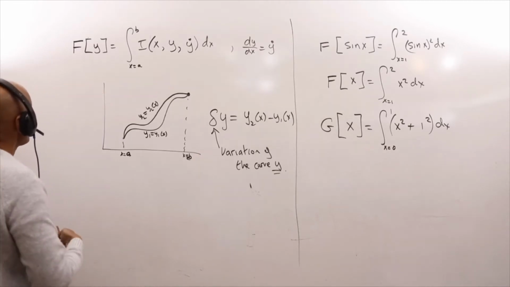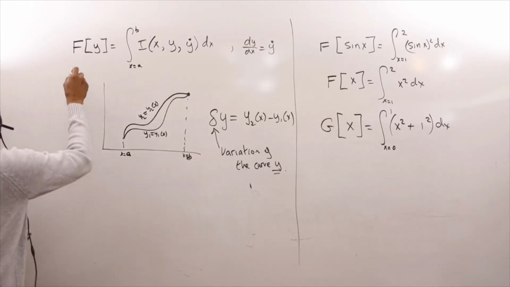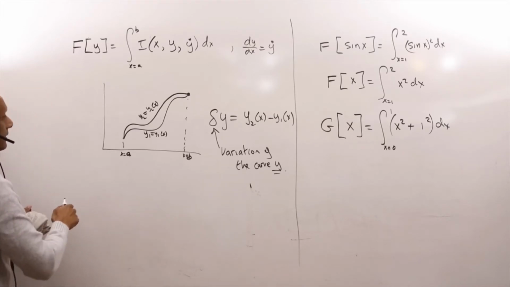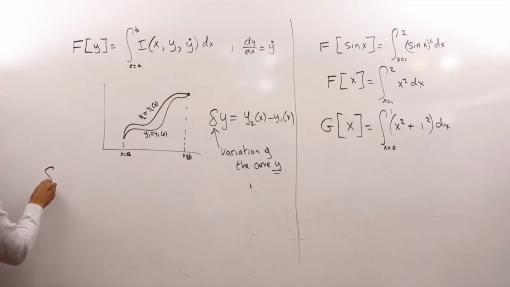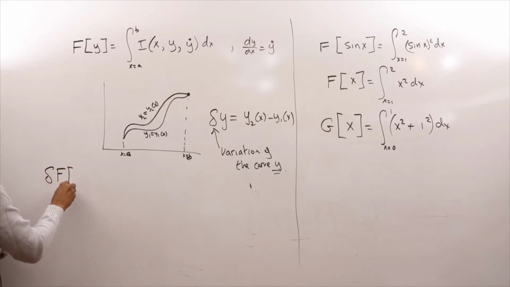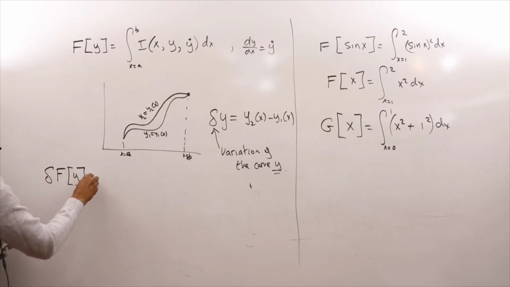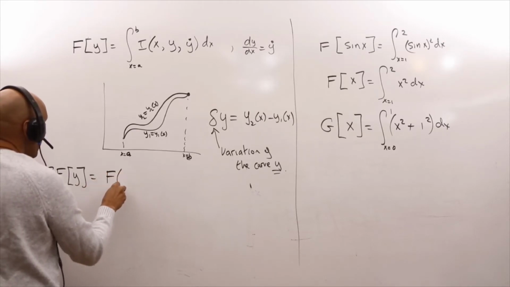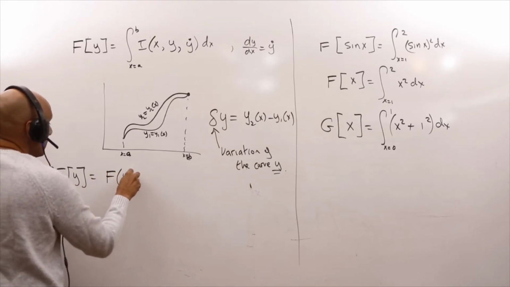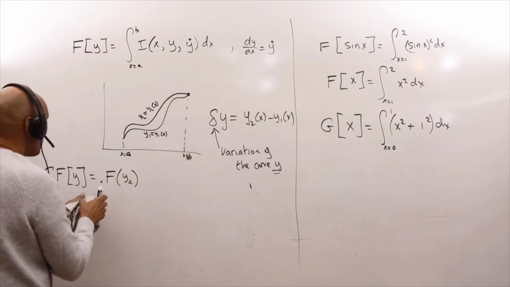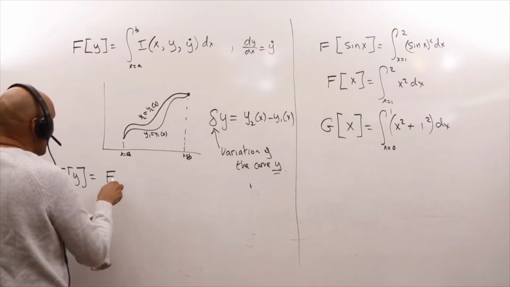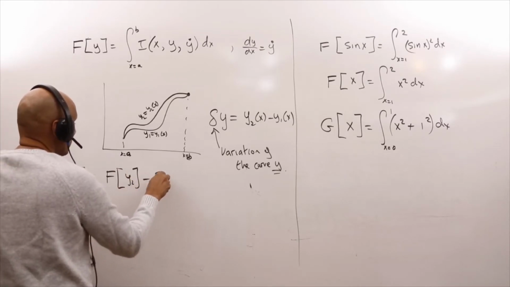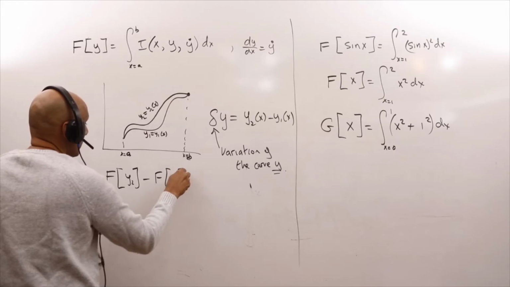So let's ask ourselves, what is the variation of f? The variation of f is nothing more than the difference of f at y2, I'll use y2 first, and I'm sorry, I made a mistake, I should be using square brackets, so this is F at y2 minus F at y1.